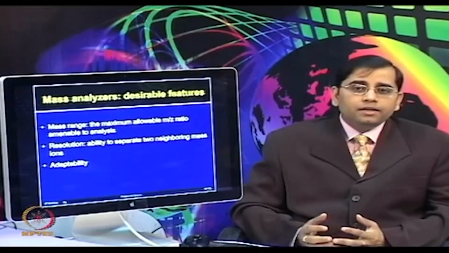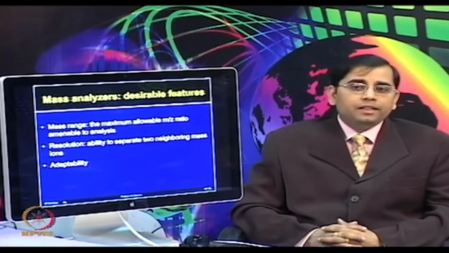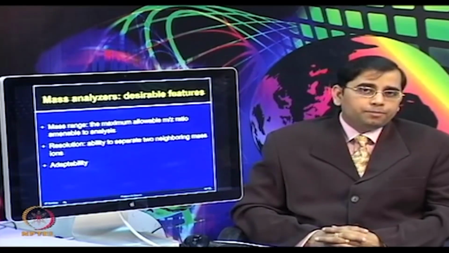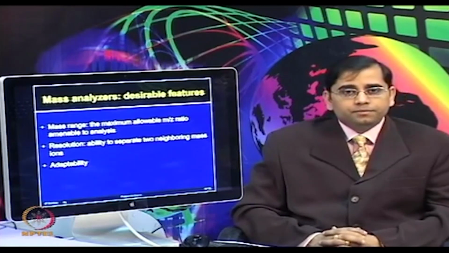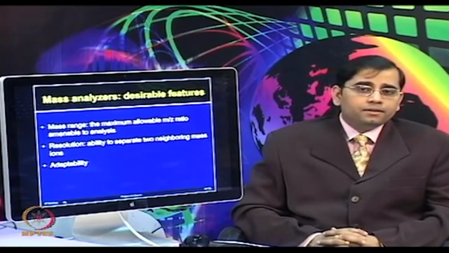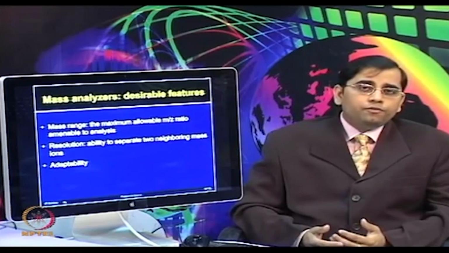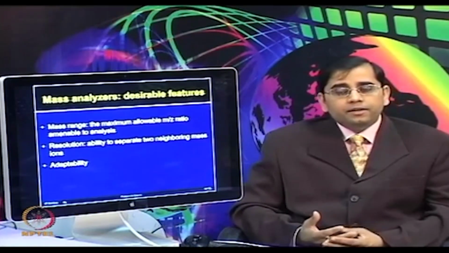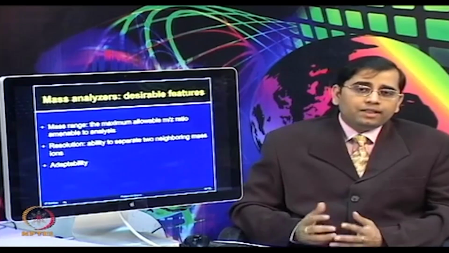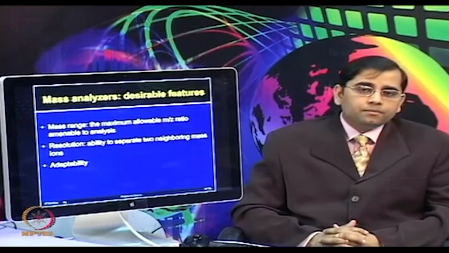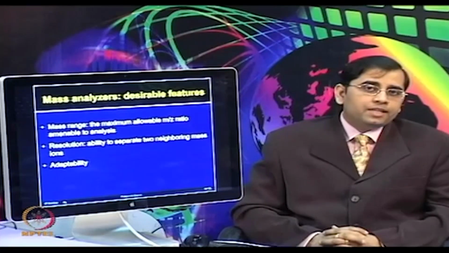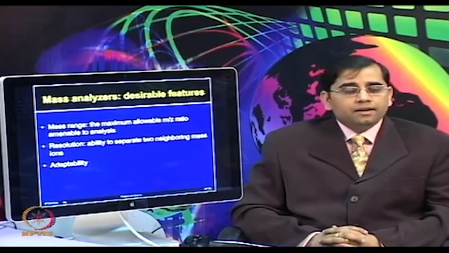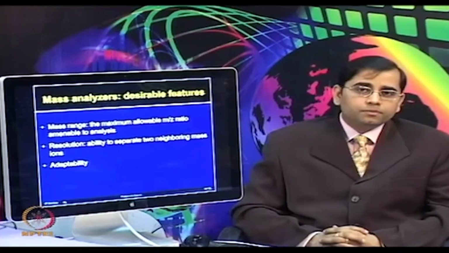So, how well the mass of interest can be separated from the other species describes mass resolution. Adaptability, the possibility of outfitting the mass analyzer with certain ionization techniques as well as other devices such as chromatography systems and multi-channel array detectors, is also a desirable feature of the mass analyzer.